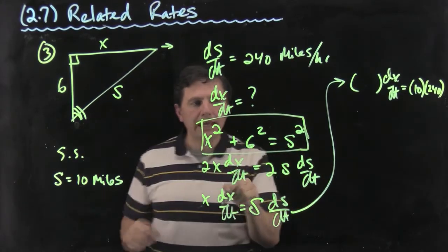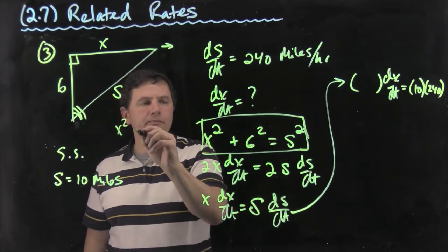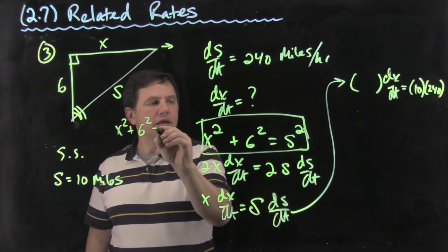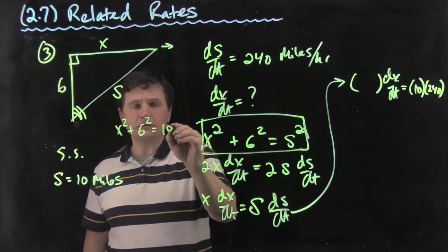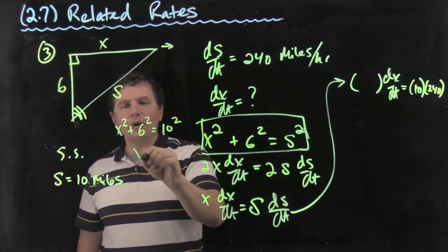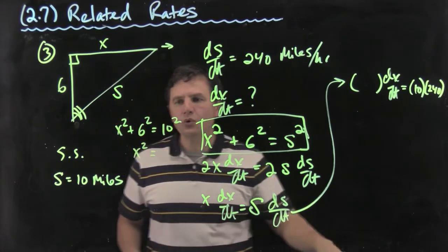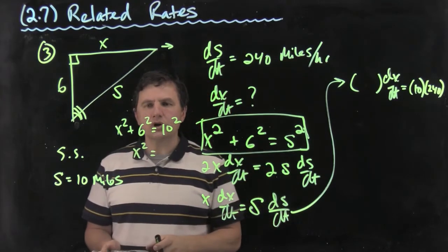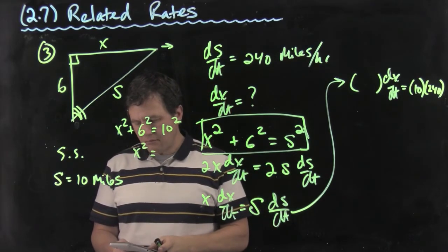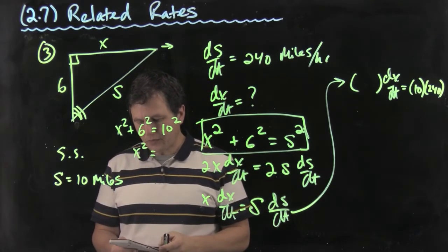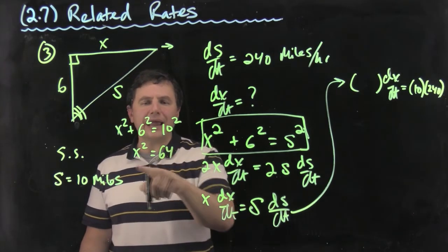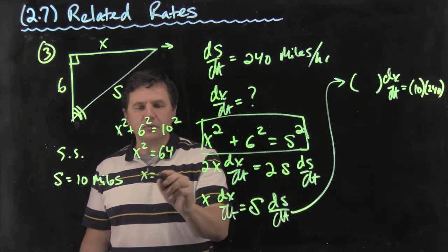And we're going to plug in, so we have x squared plus 6 squared is equal to 10 squared. Okay, so x squared is equal to 100 minus 36. So that's 64, and it just so happens that it is a perfect square.